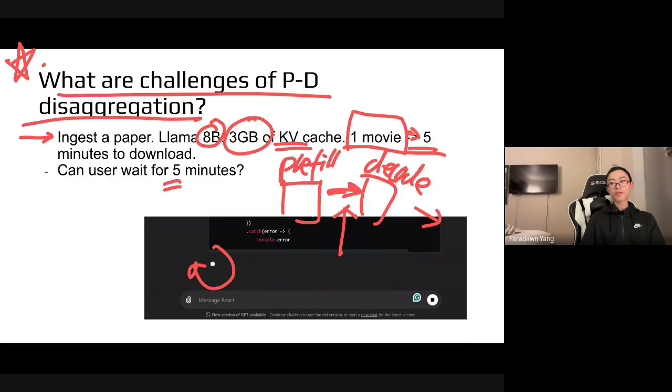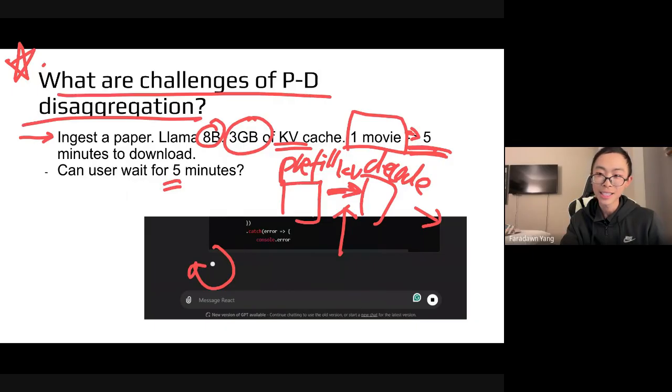So how can we solve this problem? Or is it that PD doesn't really work? Although it sounds good in theory, in actuality, you need 5 minutes for the KV to transfer. So what to do here? Is PD practical in real life?